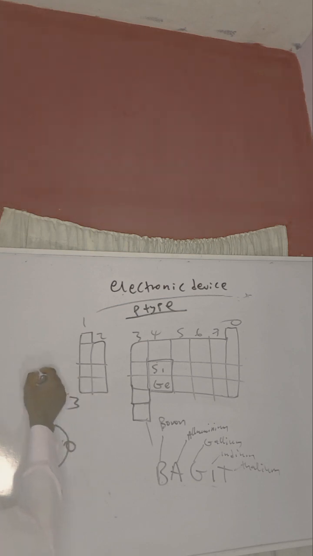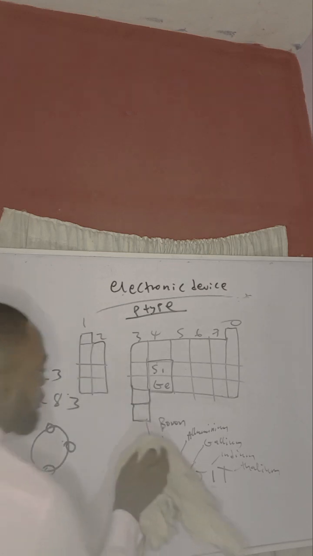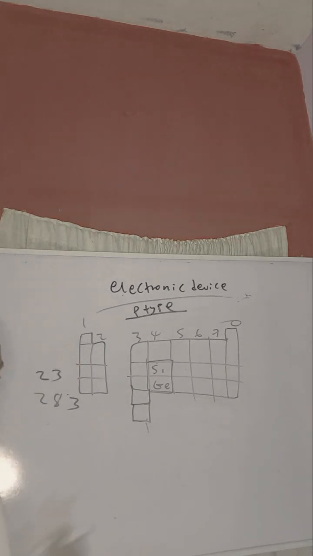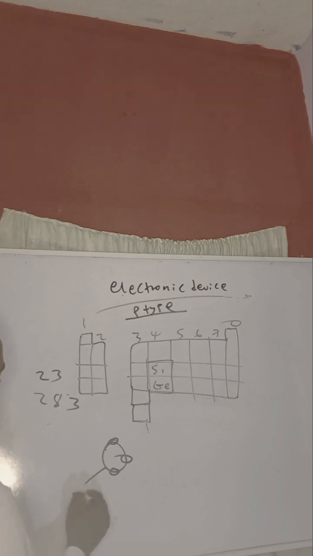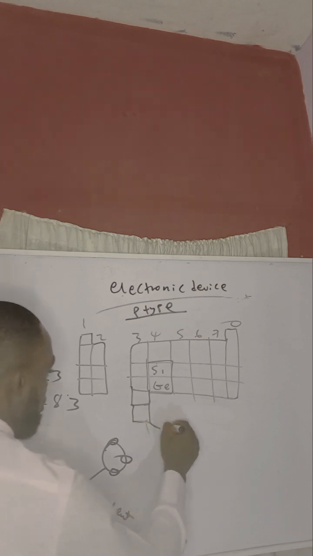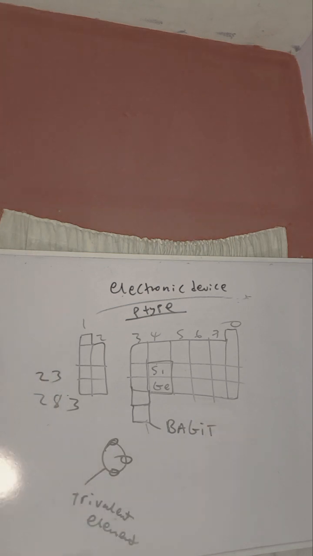Even boron is 2, 3, which is 5. So here I'm having 1, 2, 3, which are trivalent elements. Remember, the acronym is BAJIT.